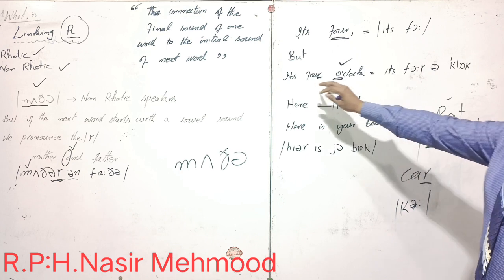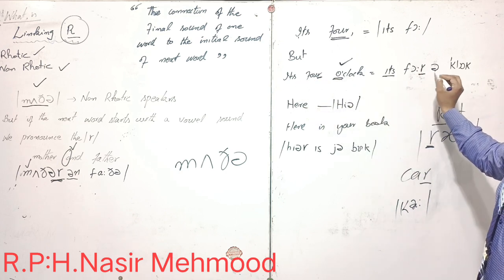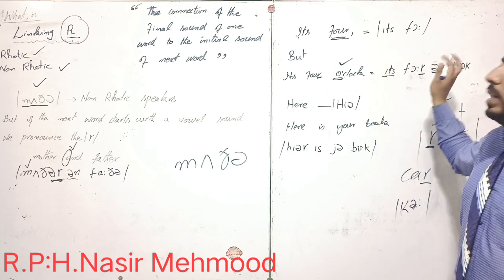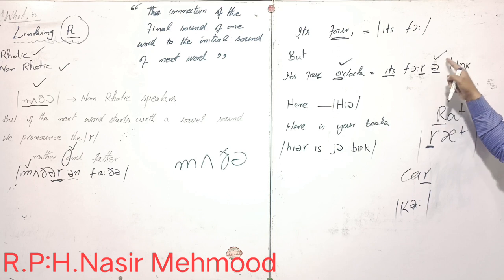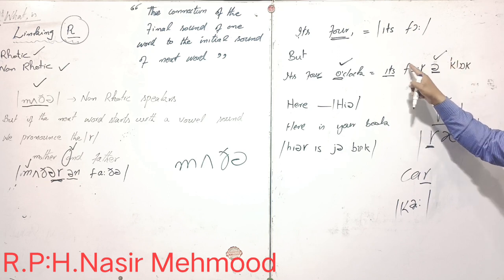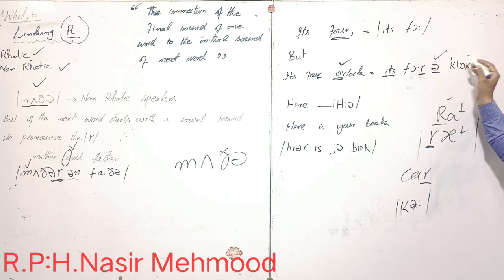For example, it's four o'clock. Now because the next word is o'clock, we'll use the short form of four. This is not four; this is four. It's four o'clock.